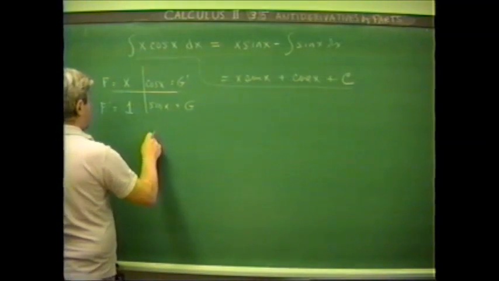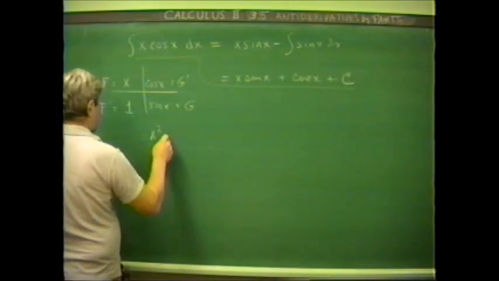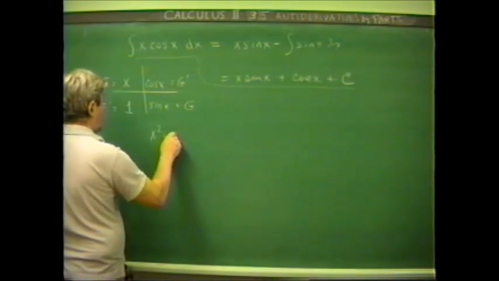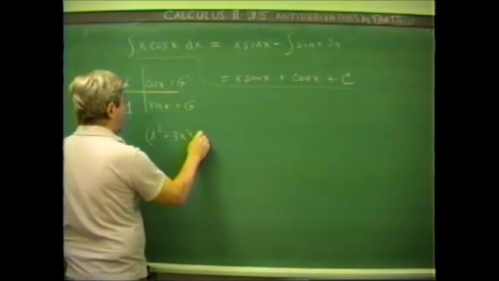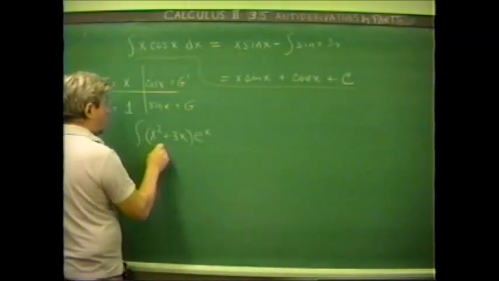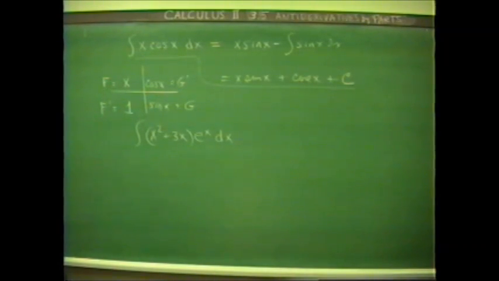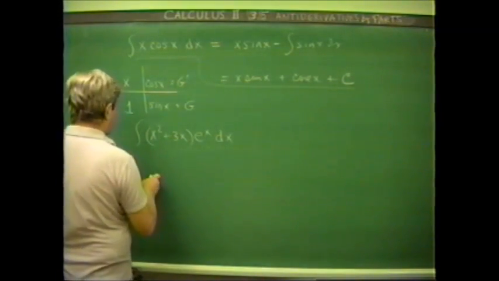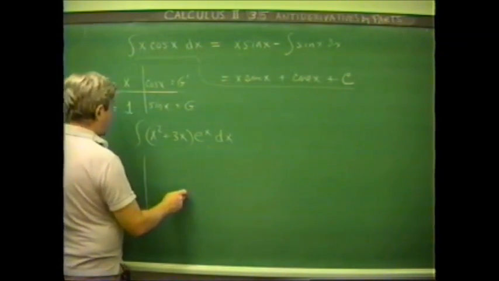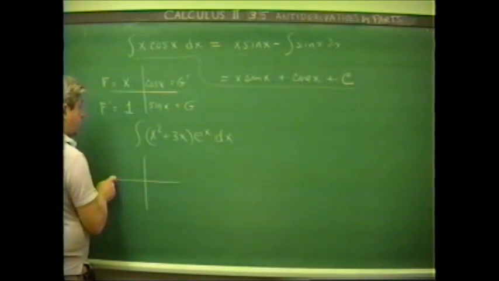Do another one here. x squared plus 3x, say, times e to the x with respect to x. This is going to illustrate the possibility that sometimes you want to use parts more than once.